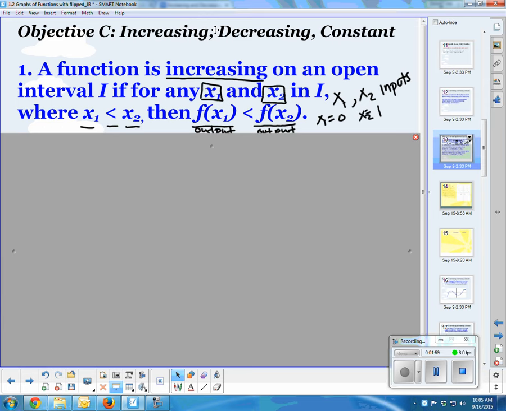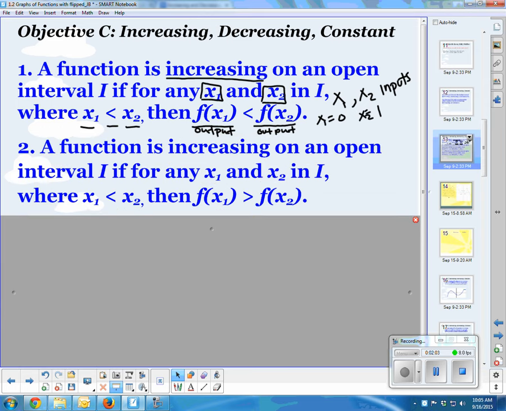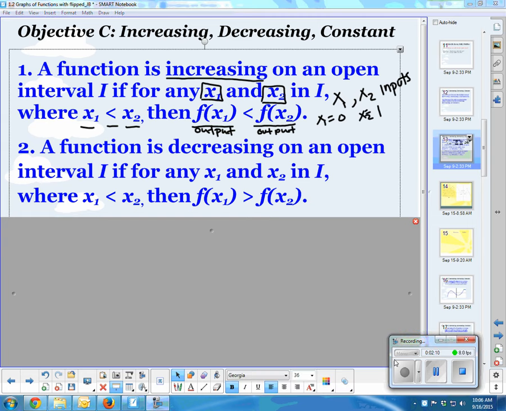I think it'll make more sense when we do an example. The next definition says a function is increasing. All right, there was a typo. It should say decreasing. A function is decreasing on an open interval I if for any x1 and x2 in I where x1 is less than x2, meaning you're going to put in a 0, then a 1, then a 2, so your input is going from left to right on the number line, then f of x1 is greater than f of x2.